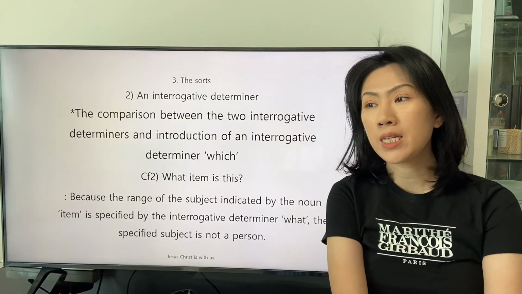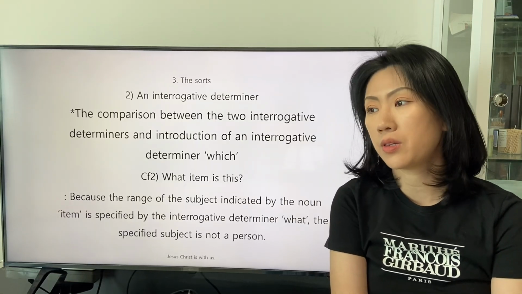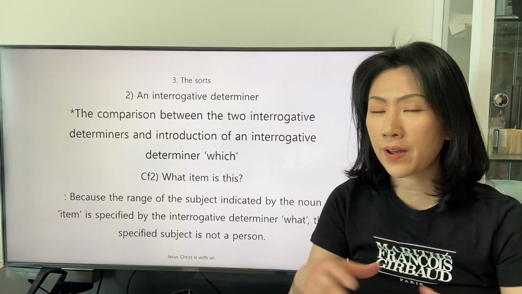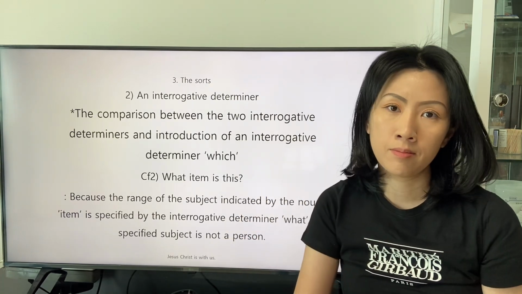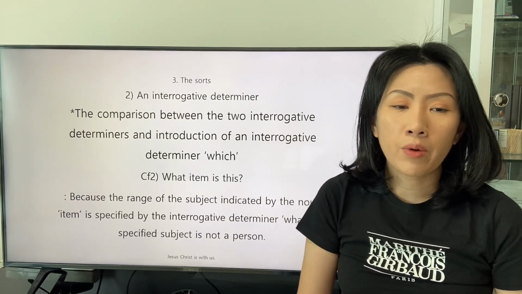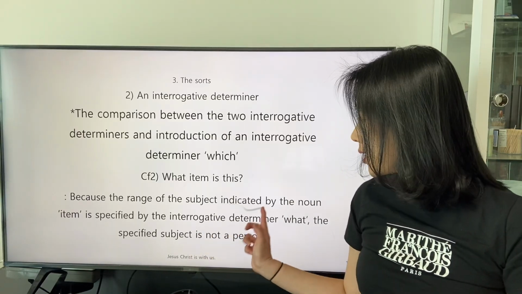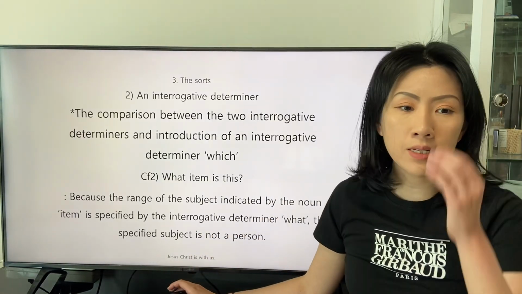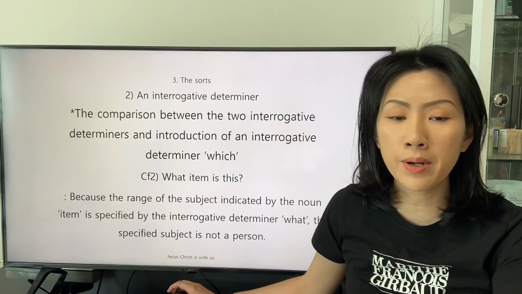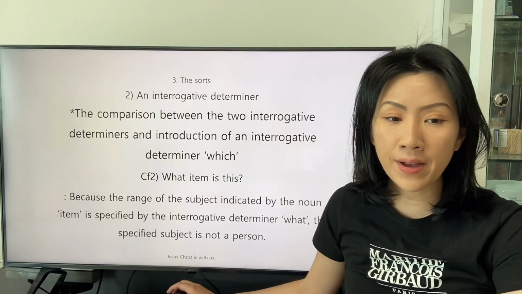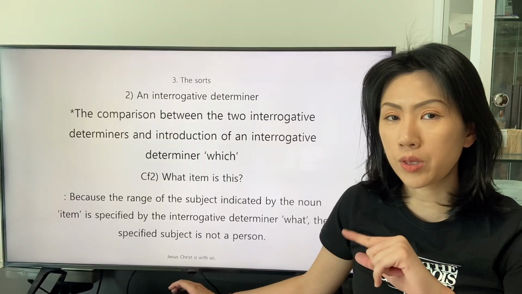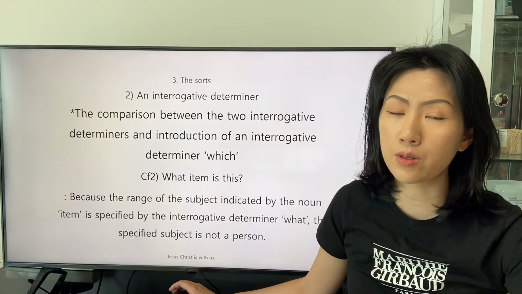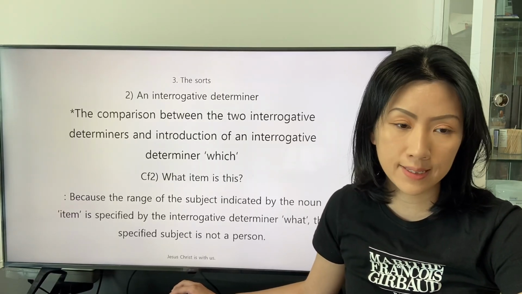And the speaker intends to know about the description to specify the range of the object indicated by the general noun item. Because the range of the subject indicated by the noun item is specified by the interrogative determiner what, the specified subject is not a person. This occurs with the premise to apply the interrogative determiner what.